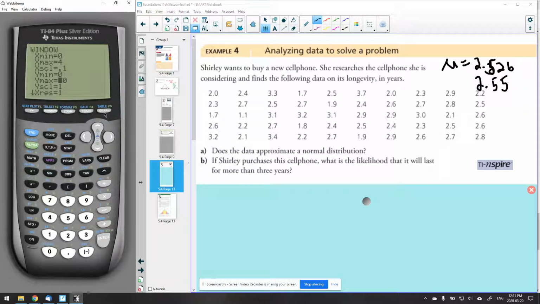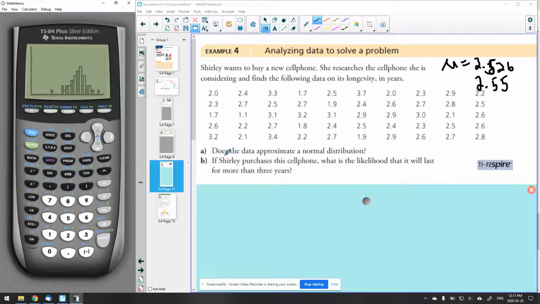And so now I hit graph, and it'll give me a histogram, a bar graph of my data points. And for the most part, it sort of looks like that bell curve. So it would be fair to say that these data points are normally distributed. It's not exact, right? There's some variation in here. There's a big dip here, but it's close enough for our intents and purposes.